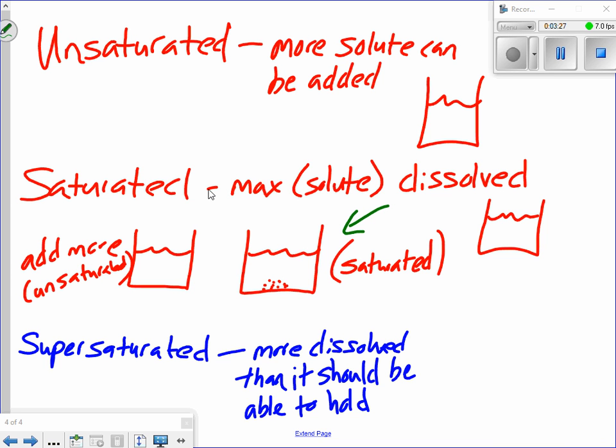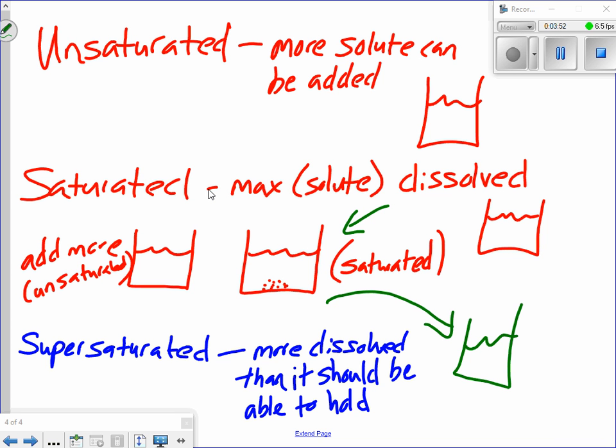Now, if I take that same thing that I heated up and got to dissolve, so now I went from this to this, but if I drop the temperature back down, then it's supersaturated. Does that make sense? Because now it's holding more than it should be able to hold, let's say at room temperature.